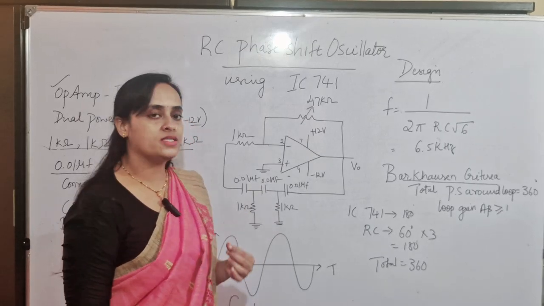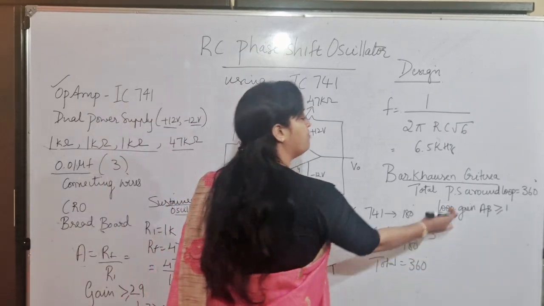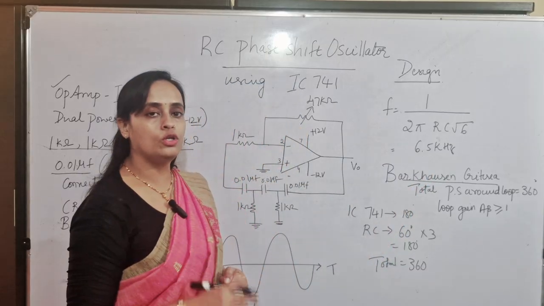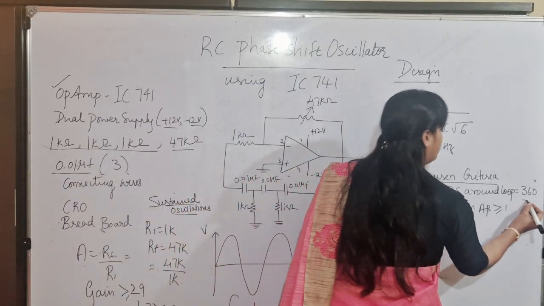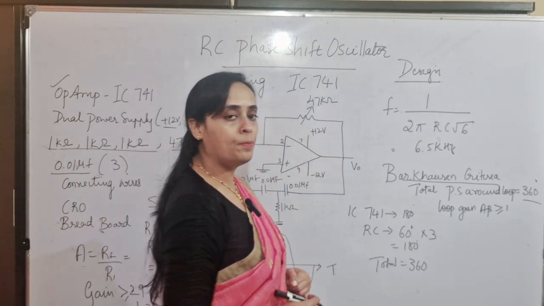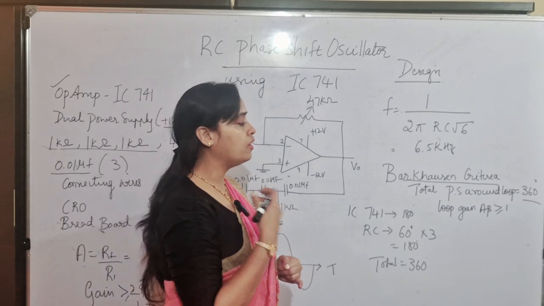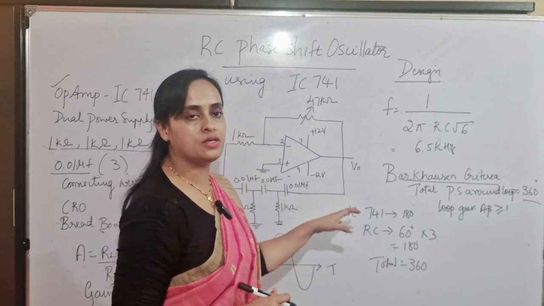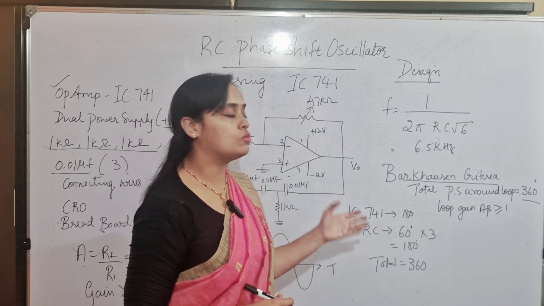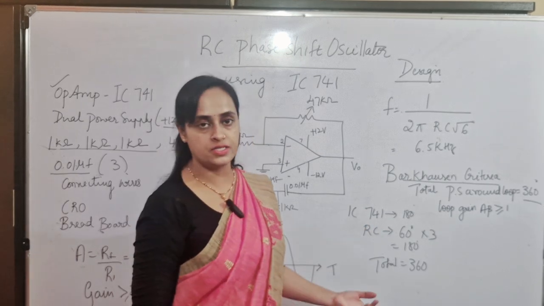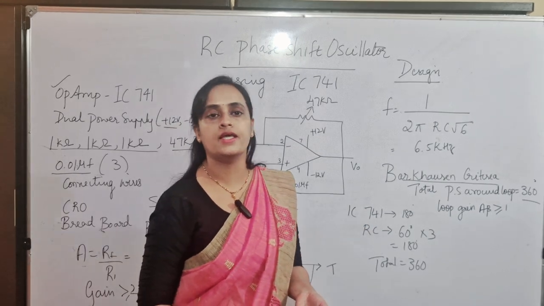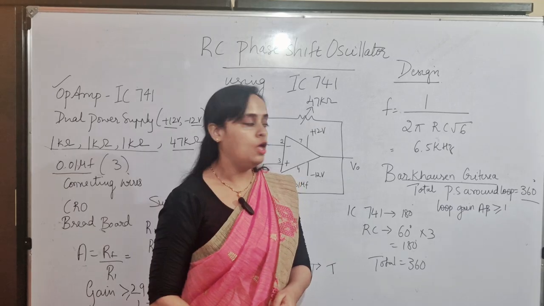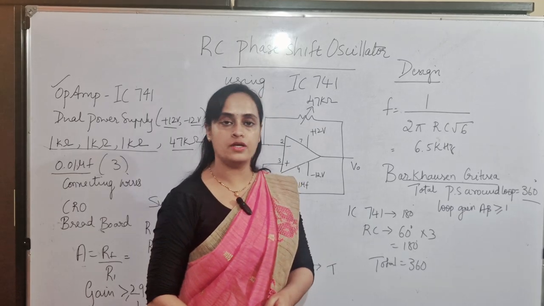To generate sustained oscillation, the total phase shift around the loop should be 360 degrees and the loop gain should be greater than or equal to 1. So this is the theoretical condition. One of the viva questions is definitely Barkhausen's criteria. It says that for sustained oscillation, the total phase shift around the loop has to be 360 degrees.